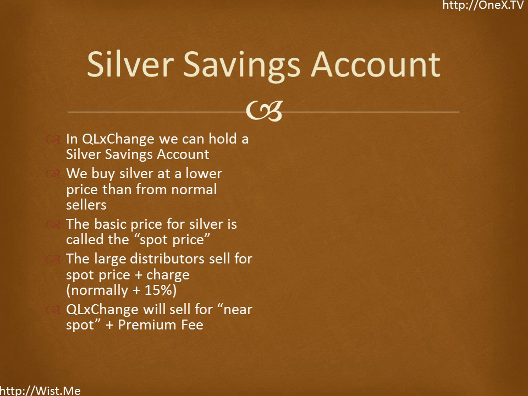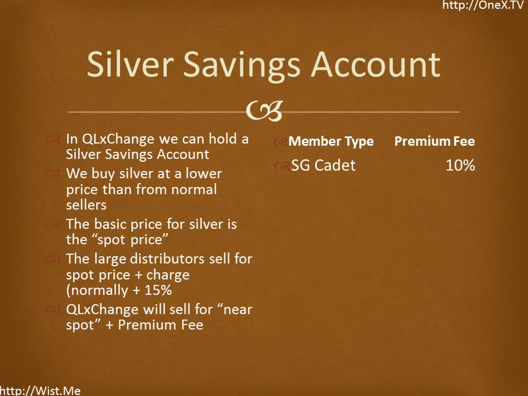Now, we buy the silver at a lower price than anyone else in the world. I told you in the beginning of this presentation that the basic price for silver is called the spot price. And everyone who sells silver buys silver for spot price, and they sell it for spot plus a charge, and normally that charge is around 15%.